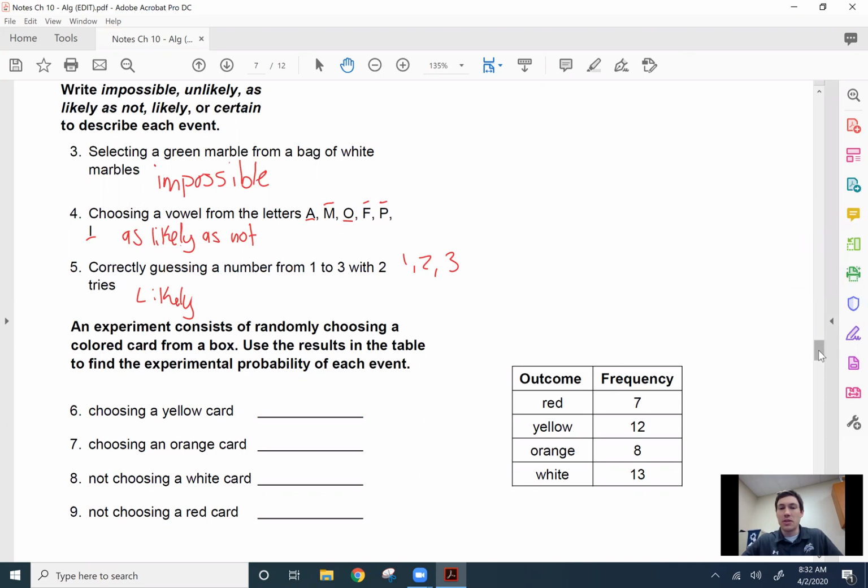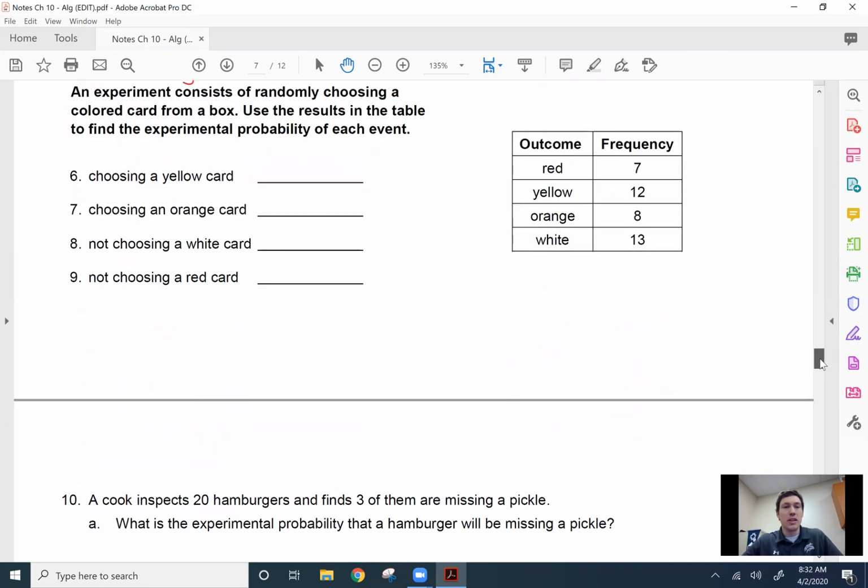All right, let's look at some other ones here. The experiment consists of randomly choosing a colored card from a box. Use the results in the table to find the experimental probability of each event. Okay, probability of choosing a yellow card. Remember, probability is successful outcomes over total possible outcomes.